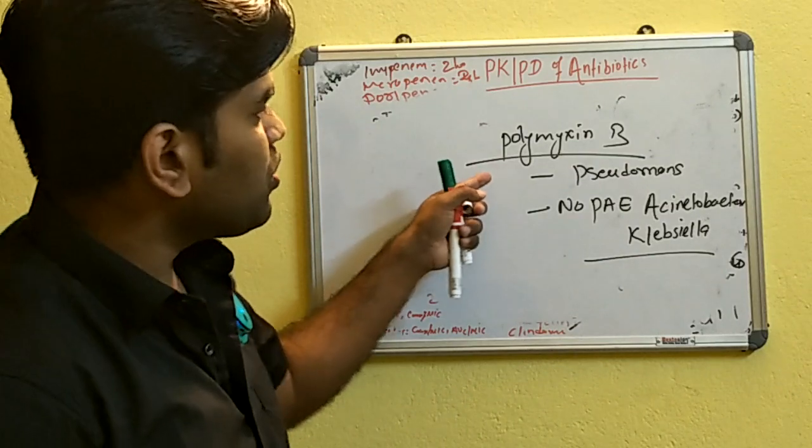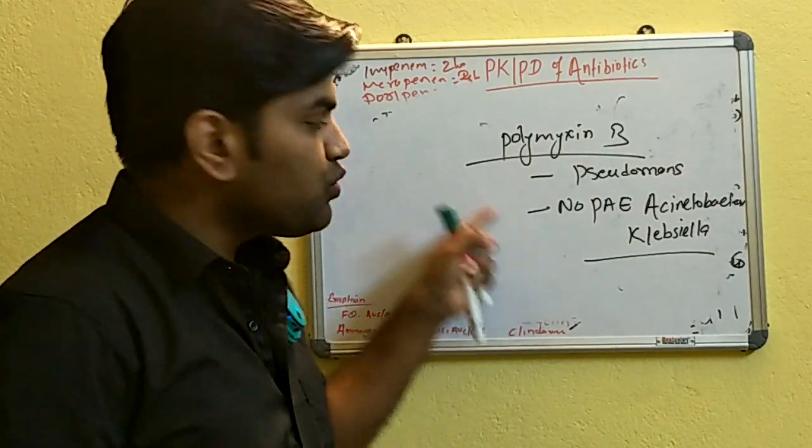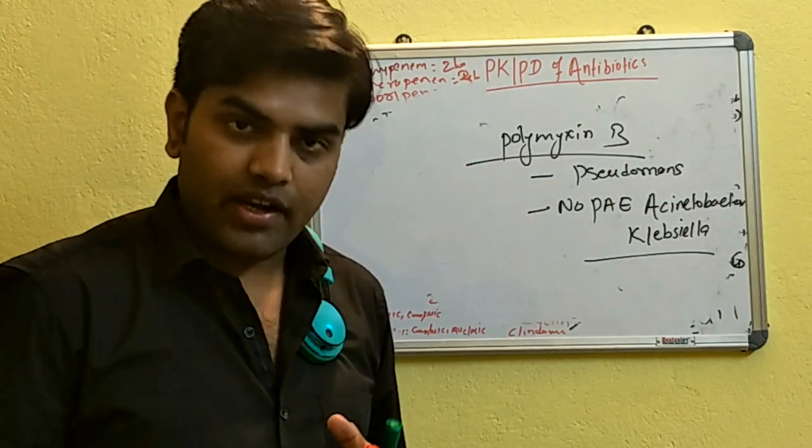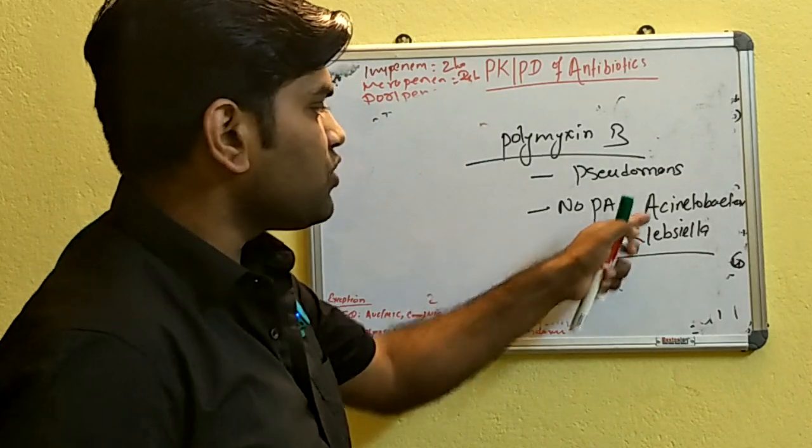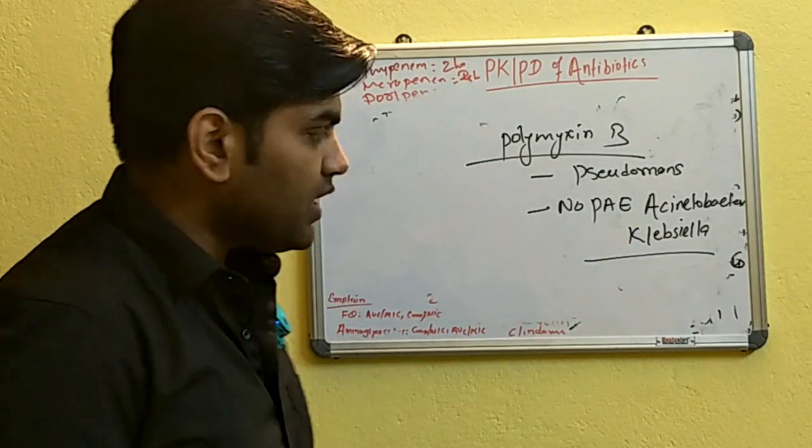So what does it mean? Whenever you use polymyxin to treat Acinetobacter and Klebsiella, always use it in combination with another antibiotic. Why is that?